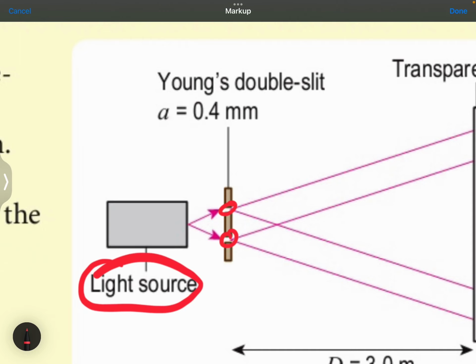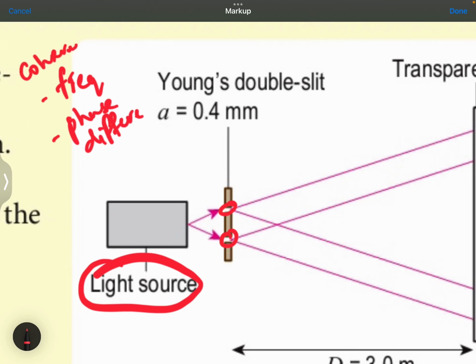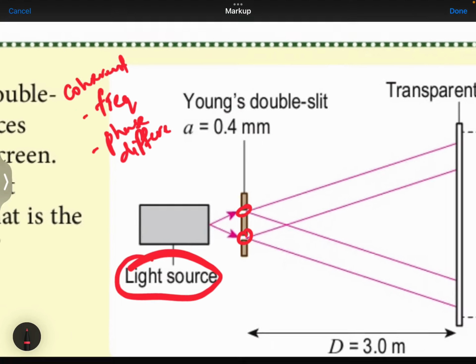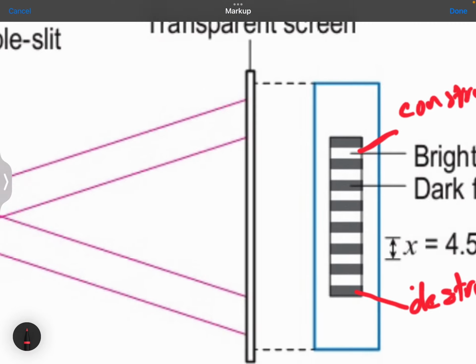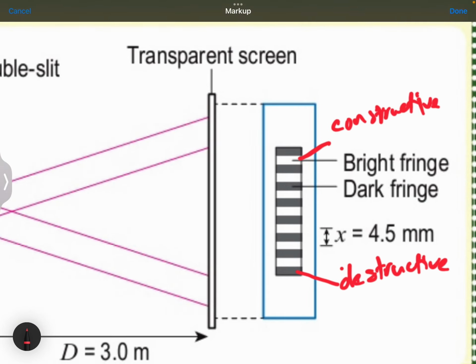When we say it is coherent, it means it has the same frequency, and also the same phase difference. So they will form fringes like this, bright and dark fringes.